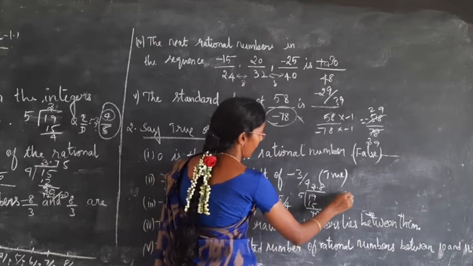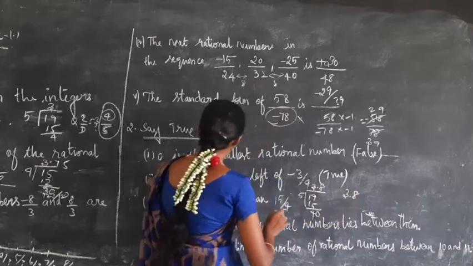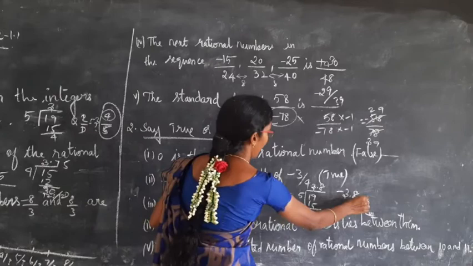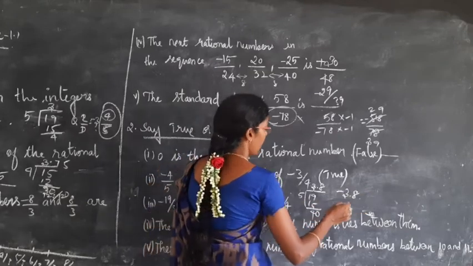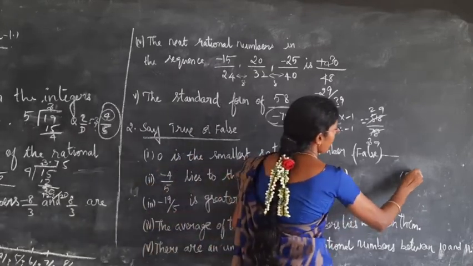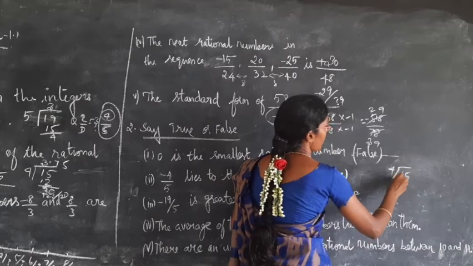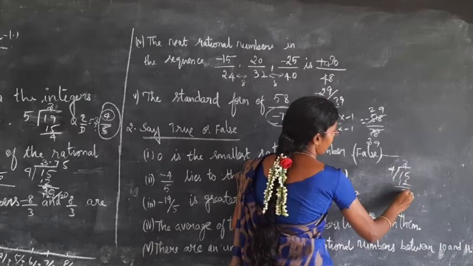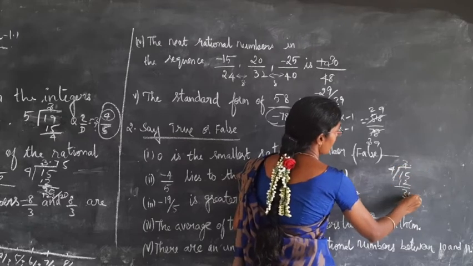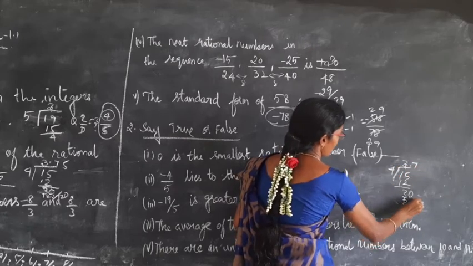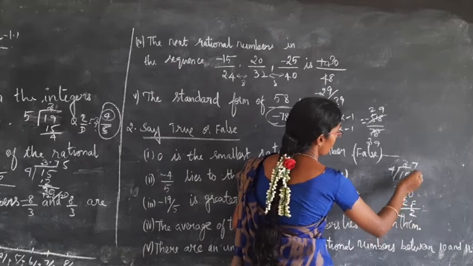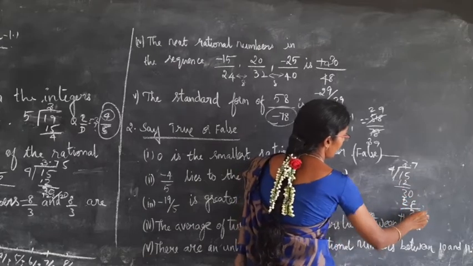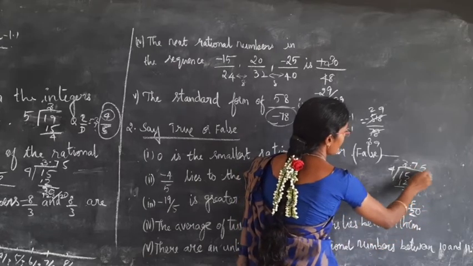So 3.8, for minus 3.8. For this, 15 by 4, 3 4s are 12, remainder 3, 0.7, 7 4s are 28, 2, 0, 5 4s are 20.